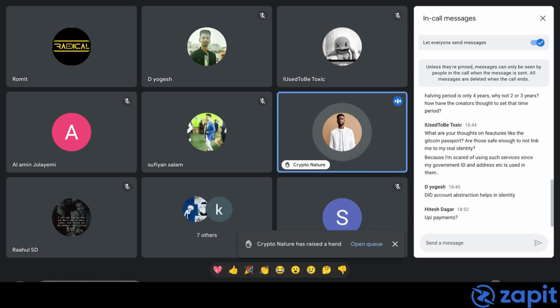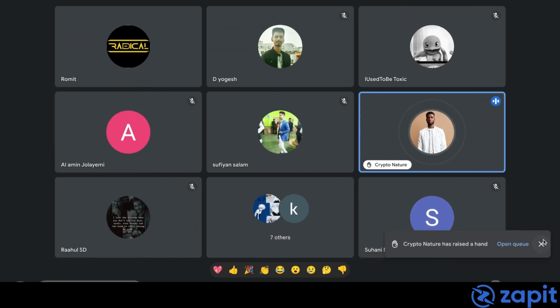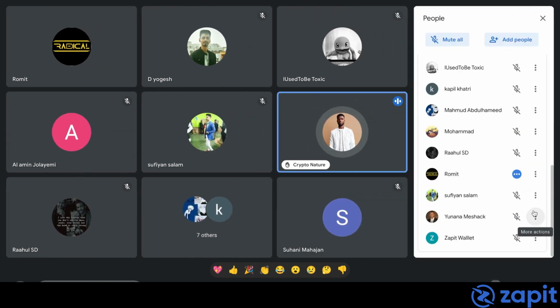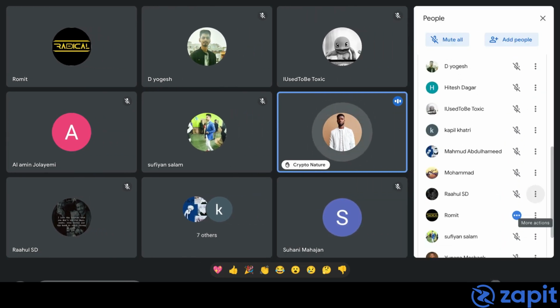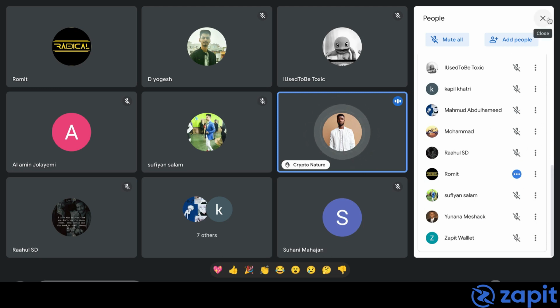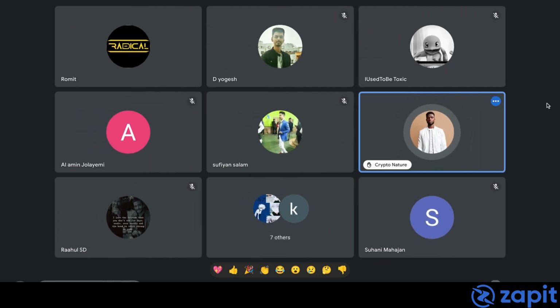I feel if Zapit had a crypto store where students could use their cryptocurrency to buy real goods, it would boost their understanding of using crypto to make real-life transactions. Does Zapit have any future plans of having campus stores so that students can make real transactions?